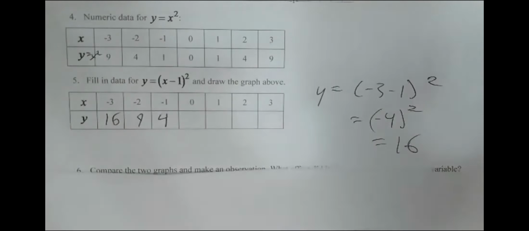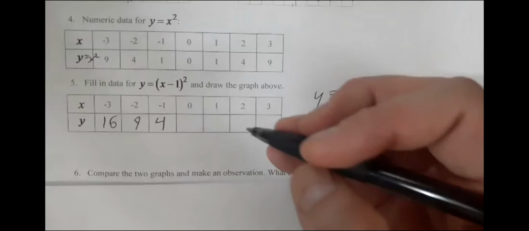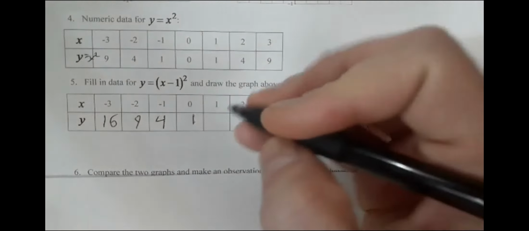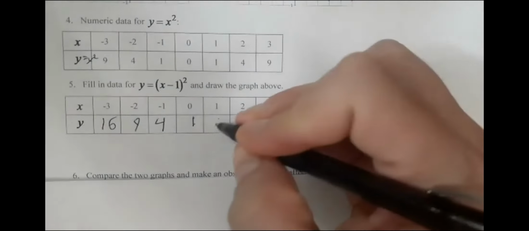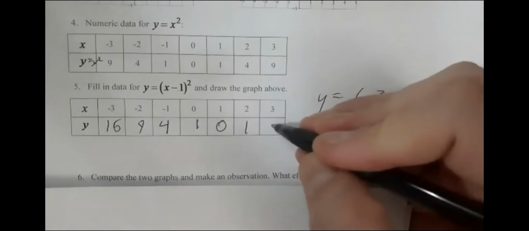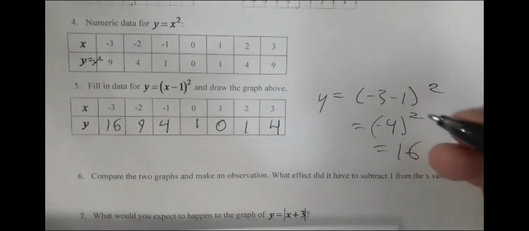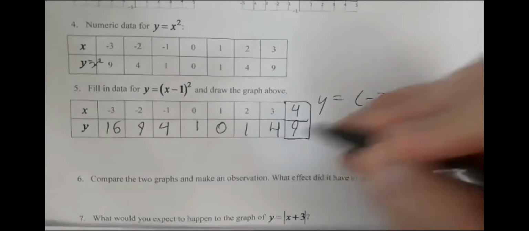I can finish up filling my table from what I have here. 0 is going to be 1. 1 is going to be 0. 3 will be 4. 4 would be 9. I wanted to continue this thing.